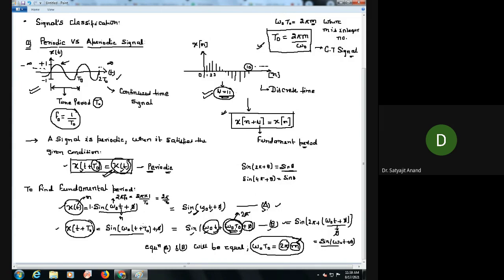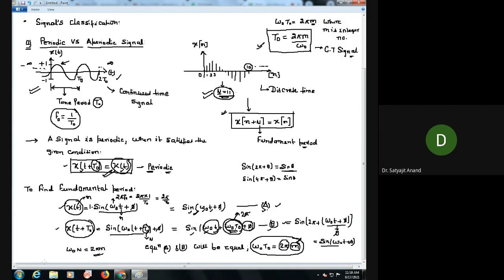In place of capital T naught, we use the notation capital N. So the condition will be omega naught into N equal to 2 pi m.